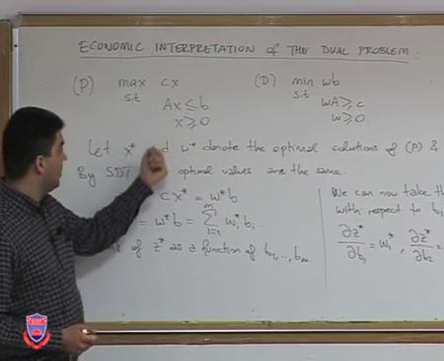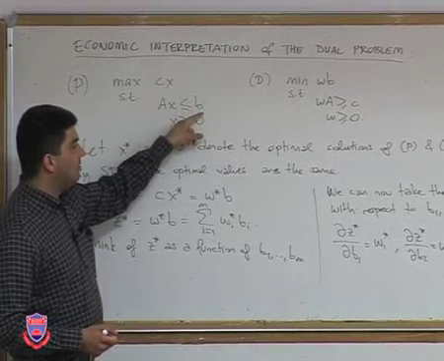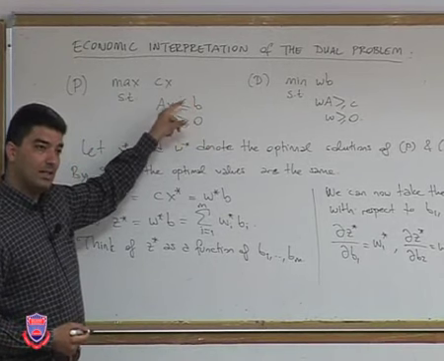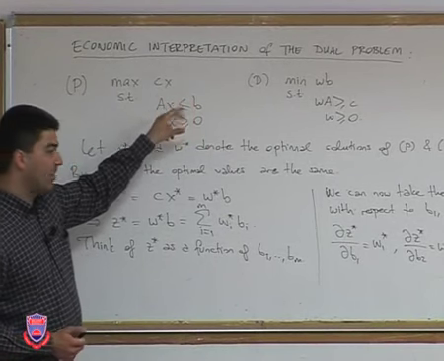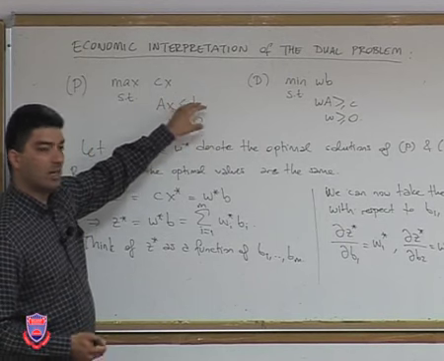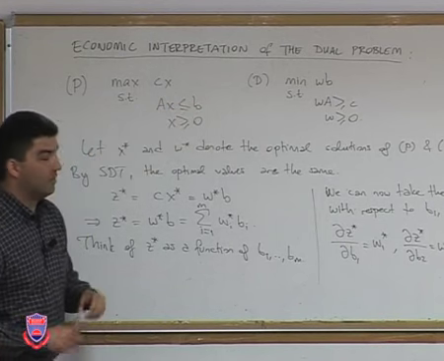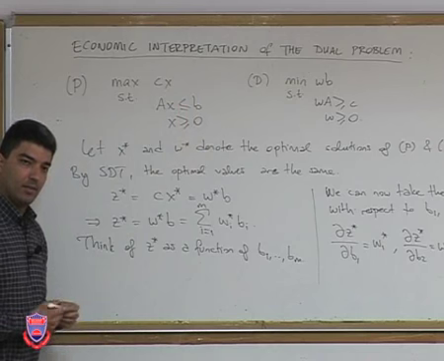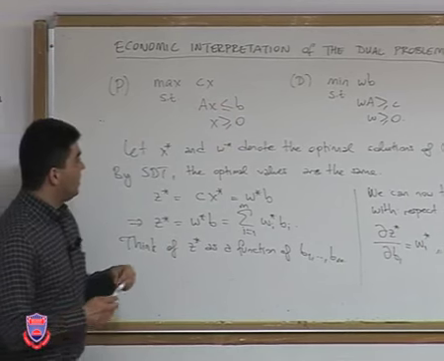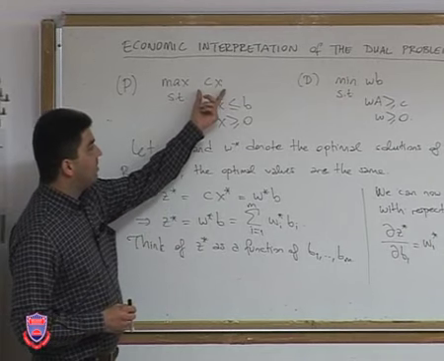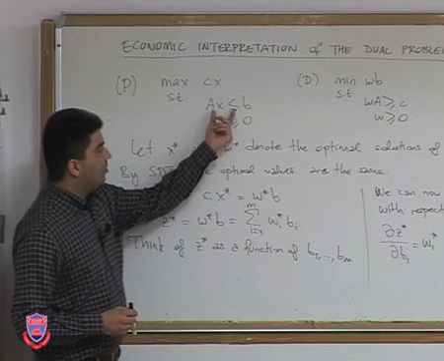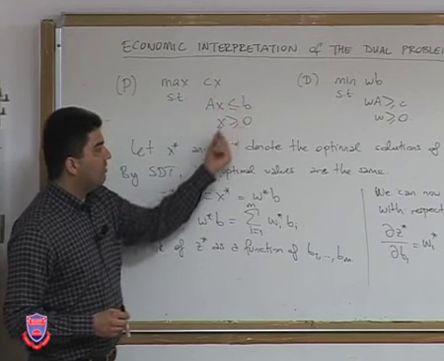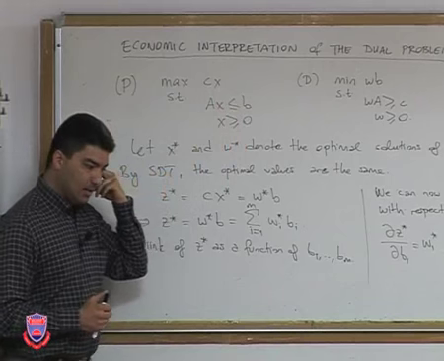In that case, Bi is the amount of resource i that we have available. B1 is, for example, the total number of machine hours I can use, B2 is the total number of labor hours I can use, and so on. Is that clear? Okay. So I'm trying to maximize my total profit while obeying all the production requirements, and of course, non-negativity constraints as well.